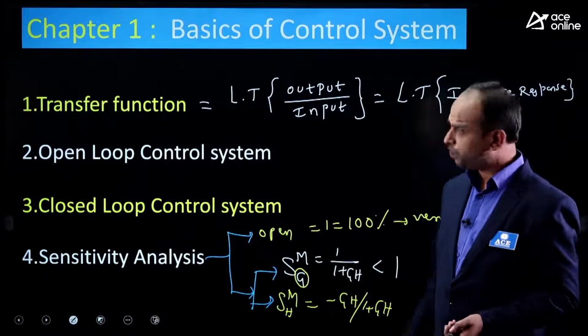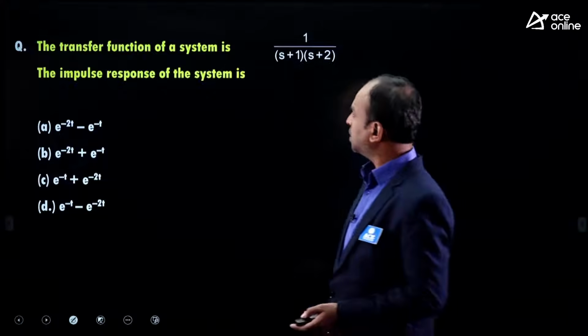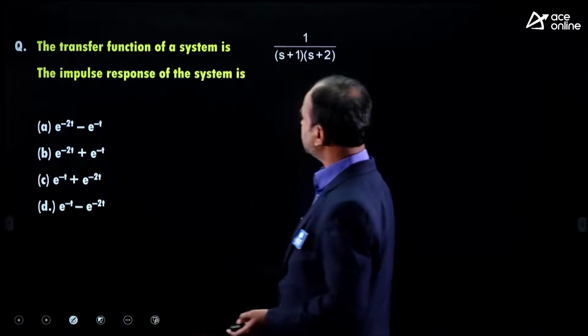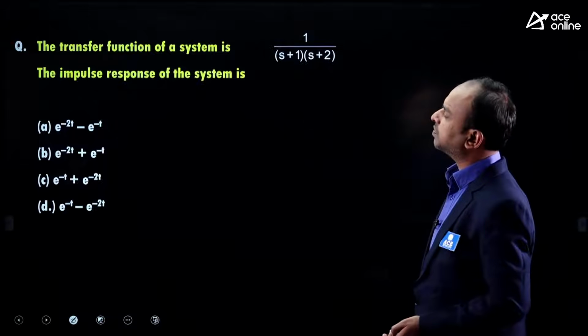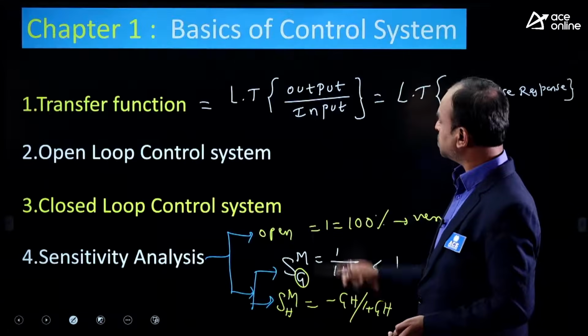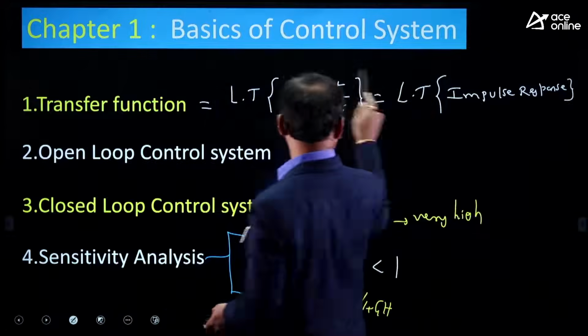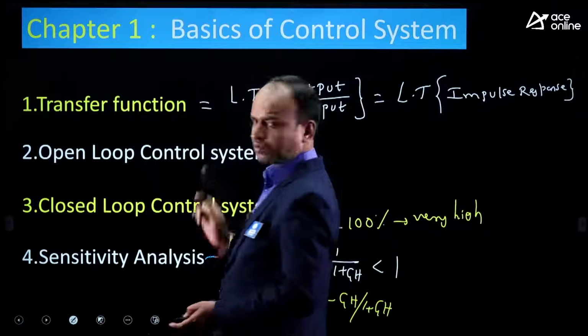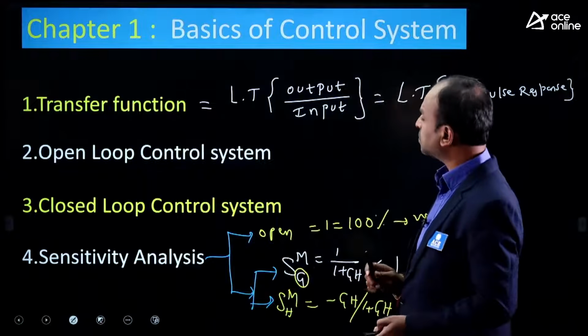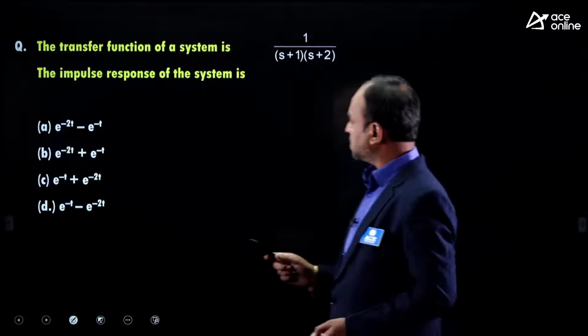Now I'll go for one previous question. First question: the transfer function of a system is given, and the impulse response of the system is asked. Just now we were discussing this. A transfer function is nothing but the Laplace transform of the impulse response. So impulse response equals the inverse Laplace transform of the transfer function. That is the formula we need to use. The transfer function is given here.